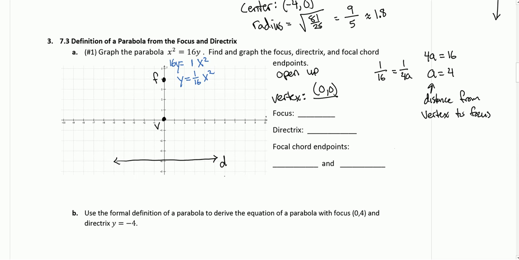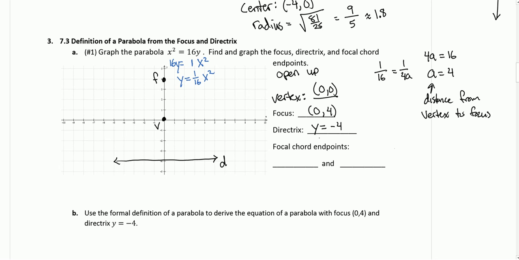So the directrix is, in this case, a horizontal line. The vertex is dead center between the focus and the directrix, a distance of 4 away from both. So the coordinate of our focus is 0, 4. The equation of our directrix, it's a line, it's y equals -4. Make sure you have y equals, not x equals.